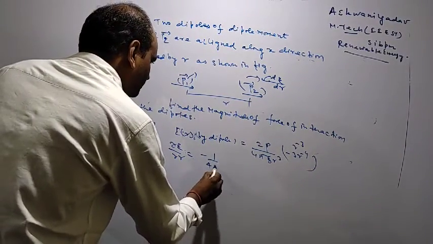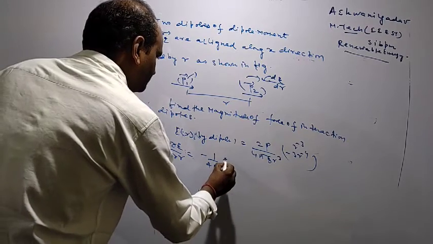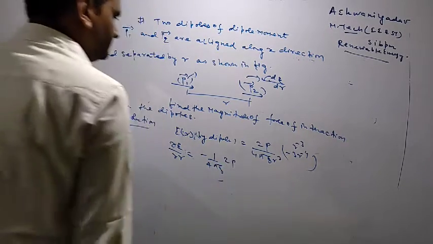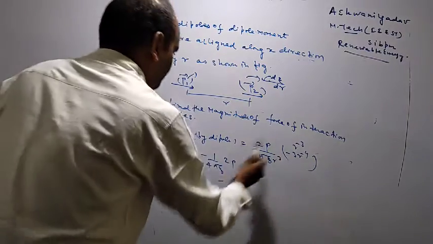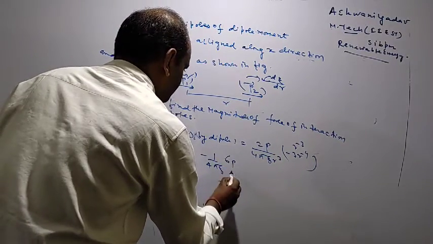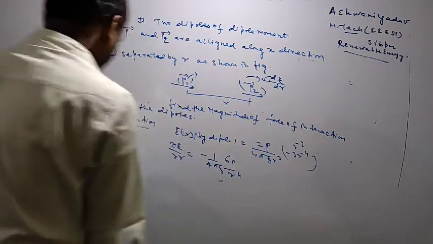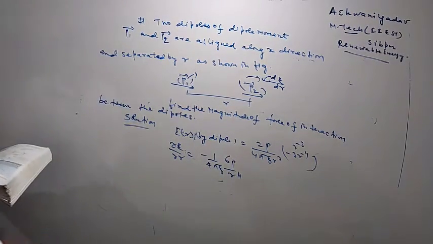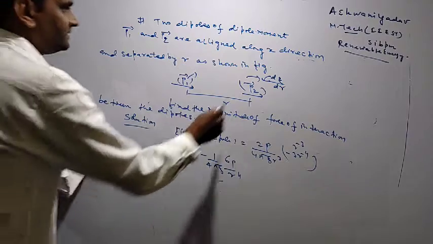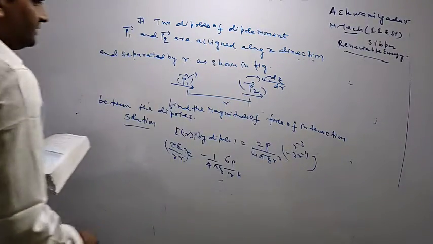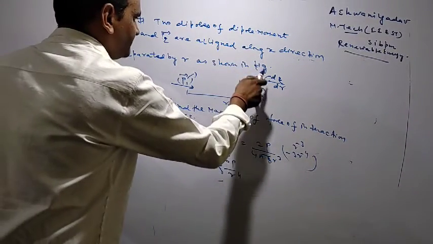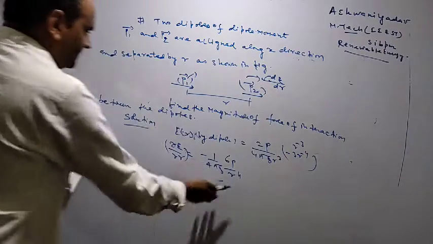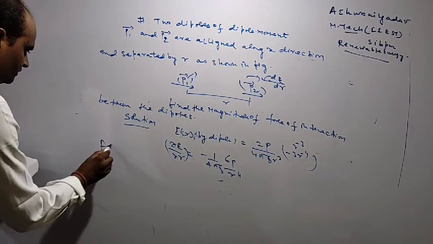So it is nothing but minus 1 by 4 pi epsilon naught, 2p and 3, that is going to be 6, r to the power 4. This is your electric field gradient at this point, and now the electric dipole is present in this gradient. Now you can calculate the force.